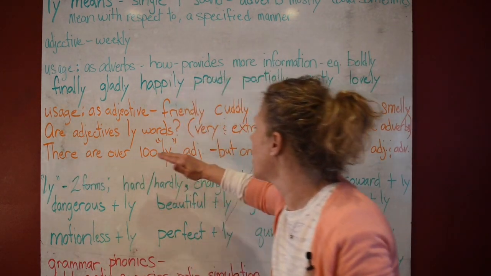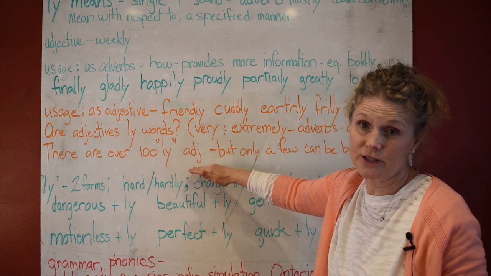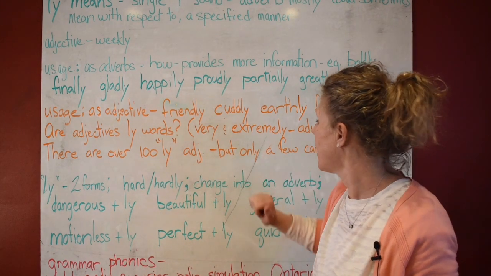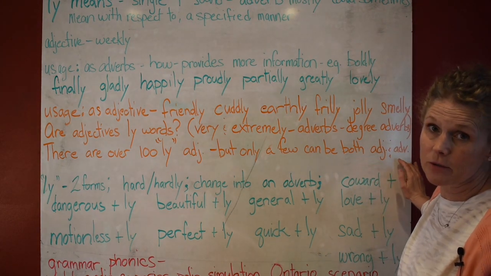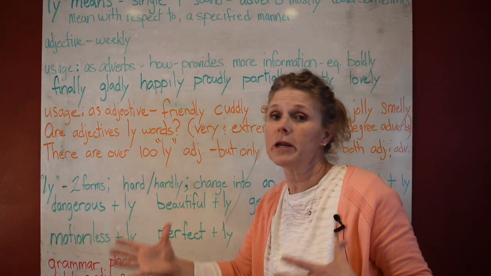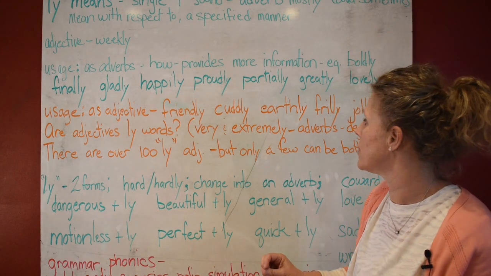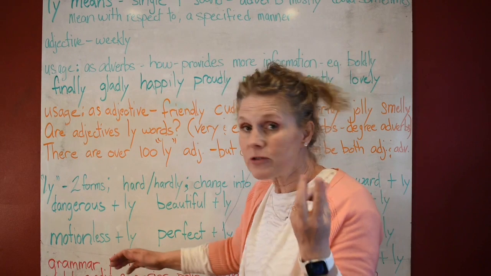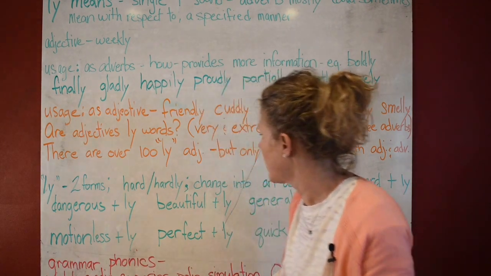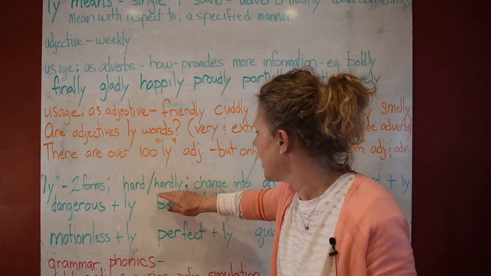So there are over 100 ly adjectives, okay? But only a few can be both adjectives and adverbs. So sometimes they'll intermingle, but only a few of them will do that. Lys, they have two forms, okay? So we have hard and hardly.